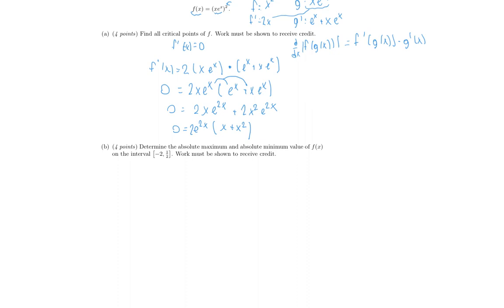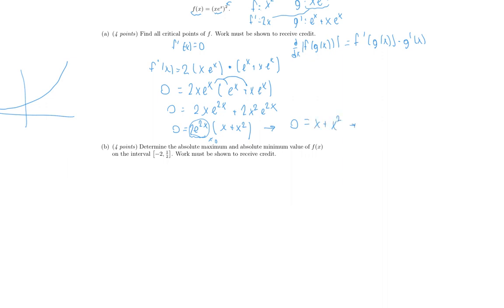And e to the x, one of the things that's really nice about it is that if we were to try to graph it, it looks like this. And notably, it never reaches 0. So I have something times e to the x, and I'm told it's 0. I can ignore this part, because that can never equal 0. So in other words, I can divide by it and solve for that.